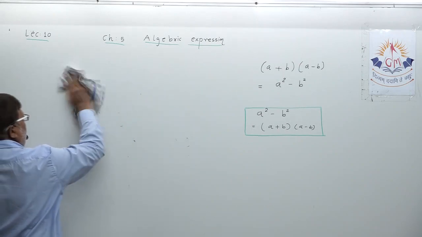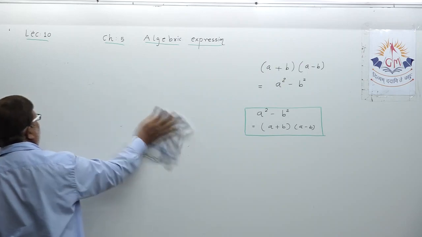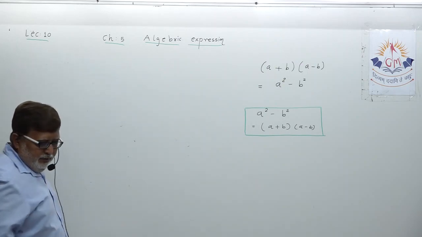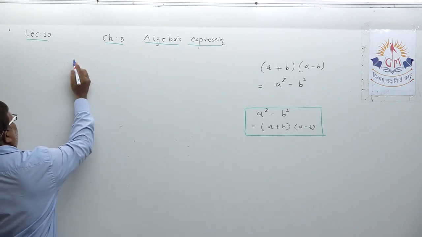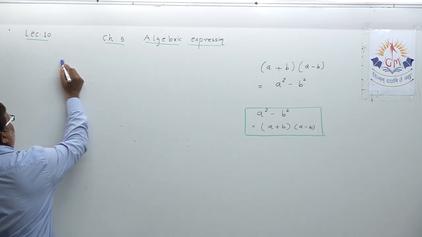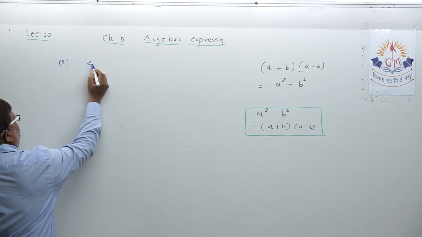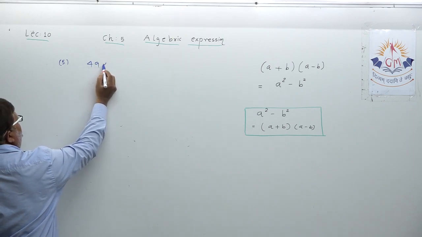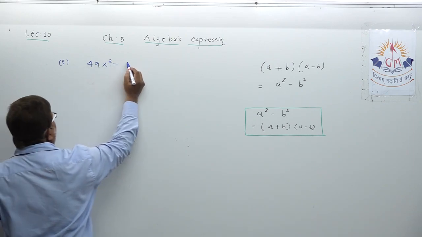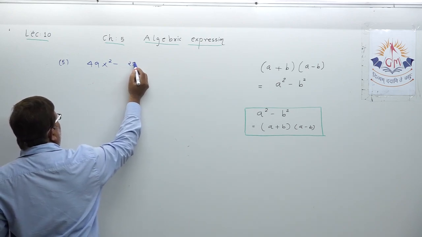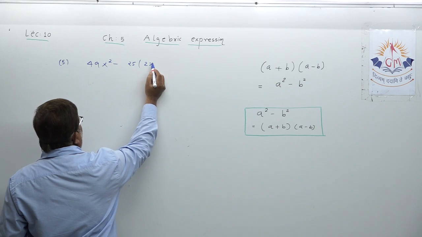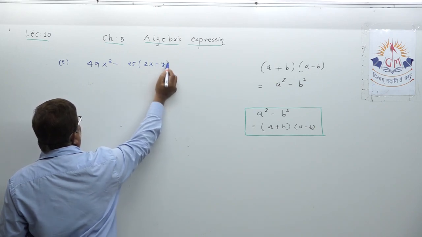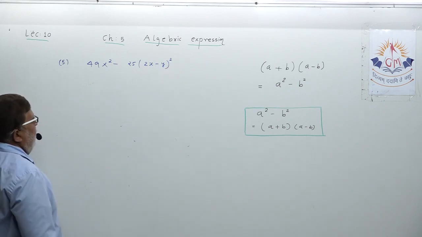Whenever you come across such a bracket, you should make it a customary practice to suppose. Example number 5 we take. Suppose given like 49x square minus 25 into bracket 2x minus y whole square.